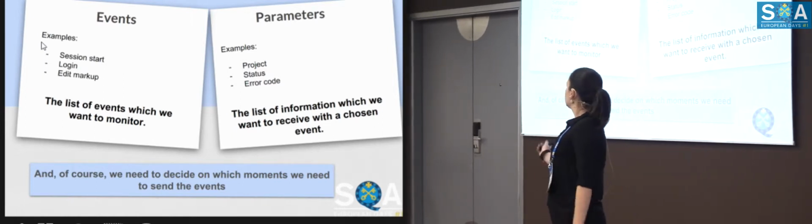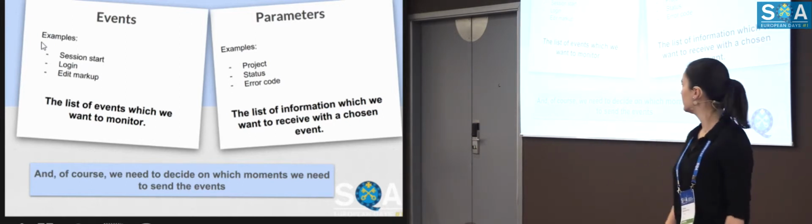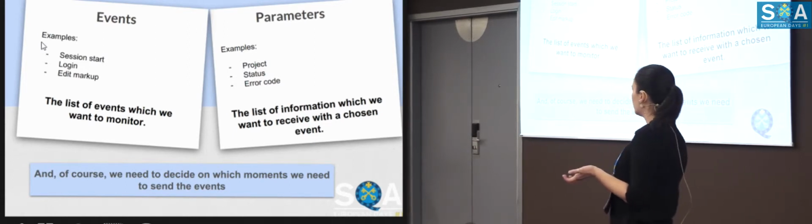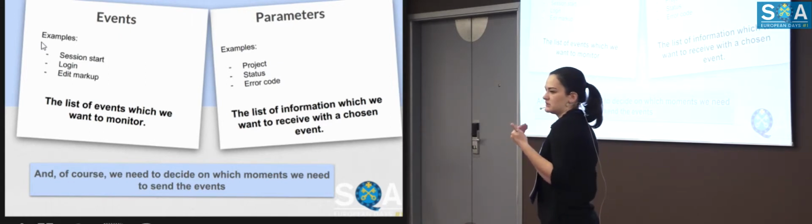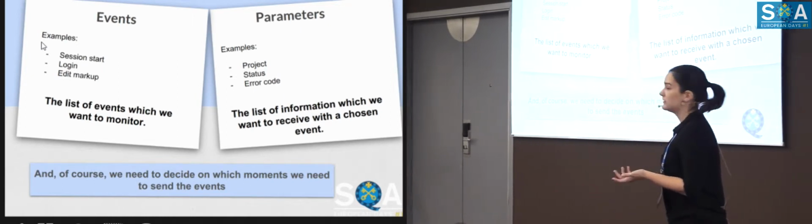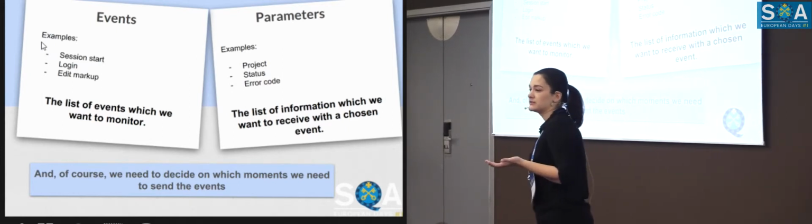So the main points on our side are events. Events are about activity. For example, session start when the user opens the application, or when the user edits something, or creates something. Any activity or action from the user, we call it an event. For every event, we can provide parameters, what we want to get. For example, in some cases we want to know which model of device, which browser, or which internet connection: Wi-Fi, offline, 3G, 4G.